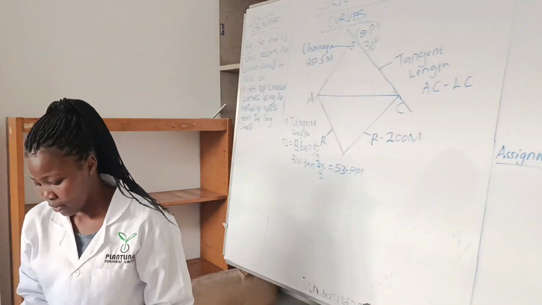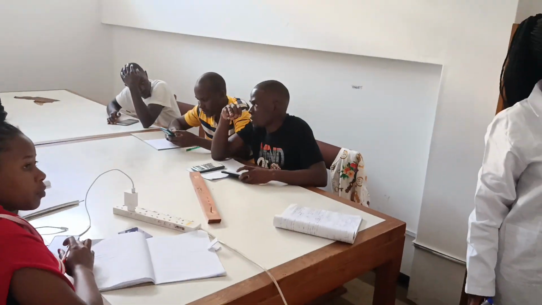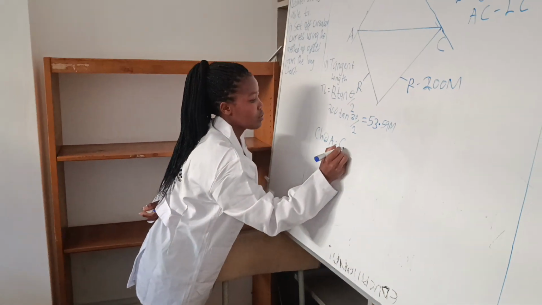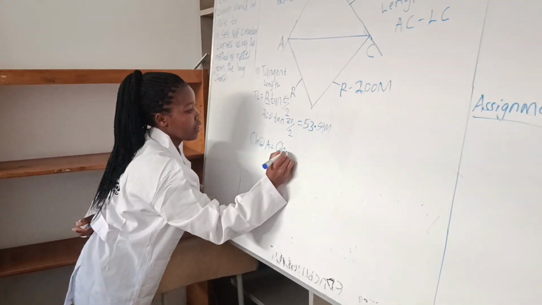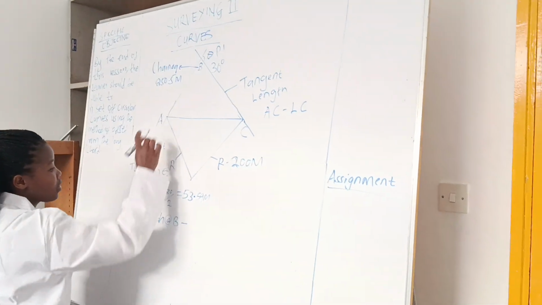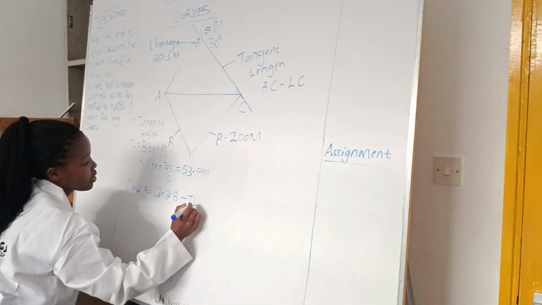Again, you will have to calculate the chainage at A and the chainage at C. For the chainage at A, we take the chainage at B minus the tangent length from A to B. Chainage at A equals chainage at B minus tangent length.